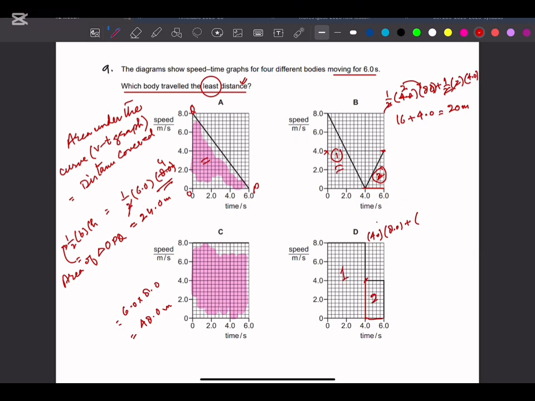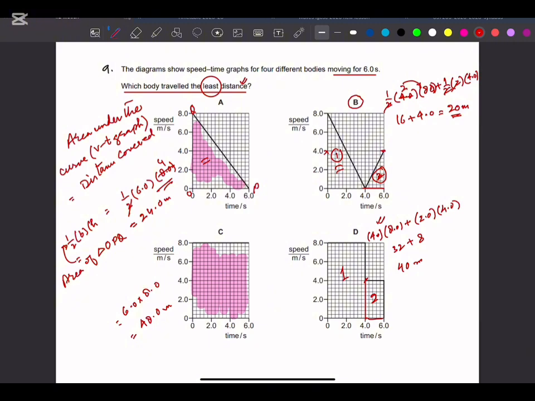The first rectangle gives you 4 and 8, that is 32, and over here you have 2 and 4. So 2 4s are 8. So here you are getting 40. So simply you can say that the answer will be 4. Sorry, B. That is, the least distance is nothing but 20. So this will be your answer.